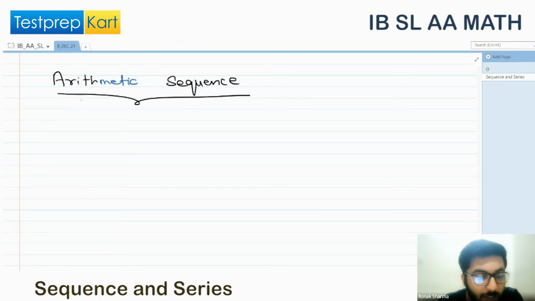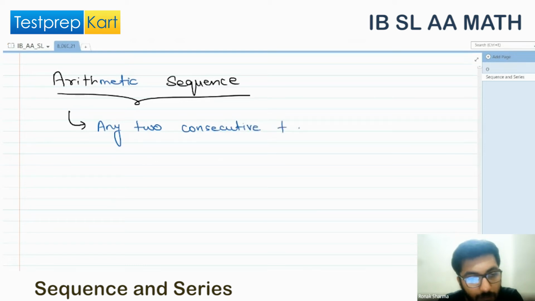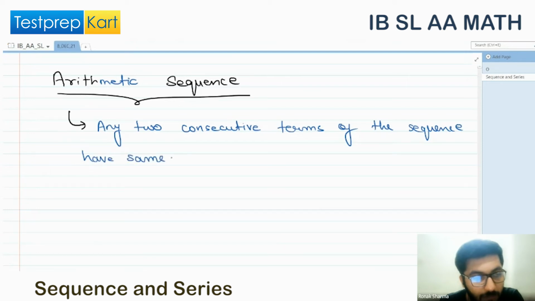So what actually an arithmetic sequence is, is that any two consecutive terms of the sequence have the same difference.